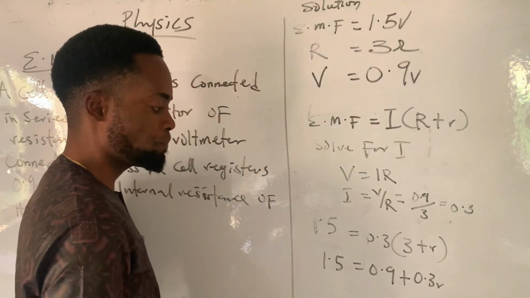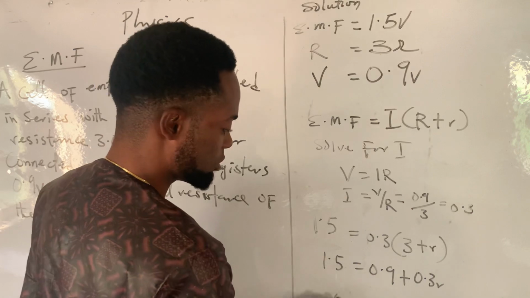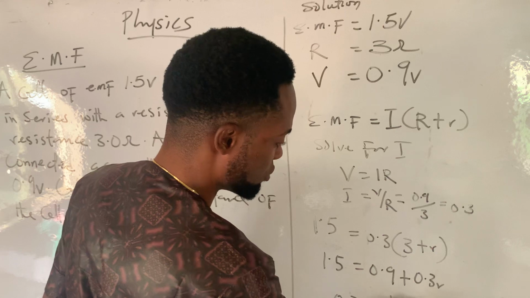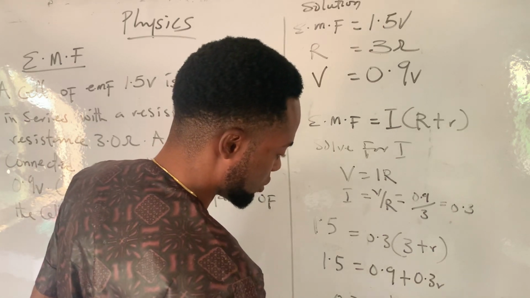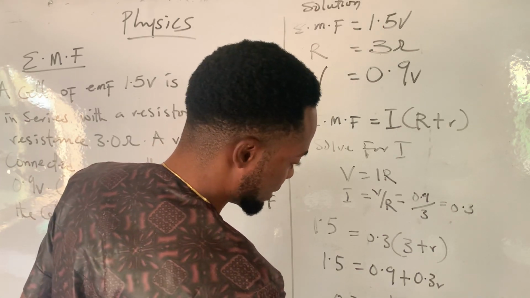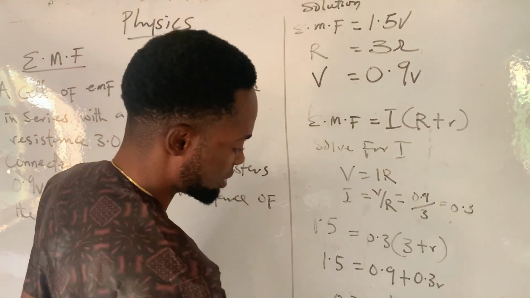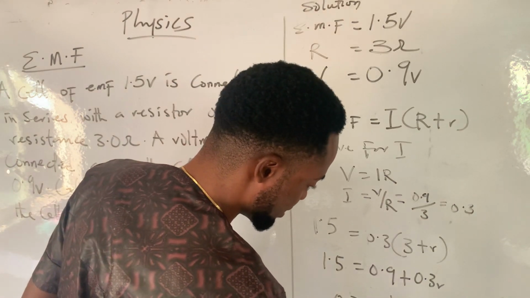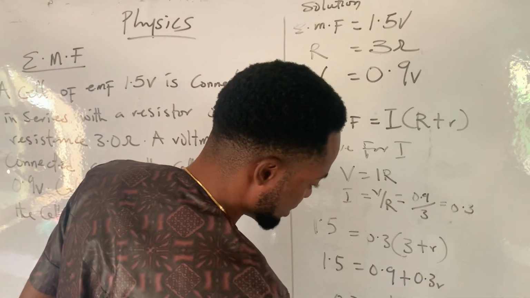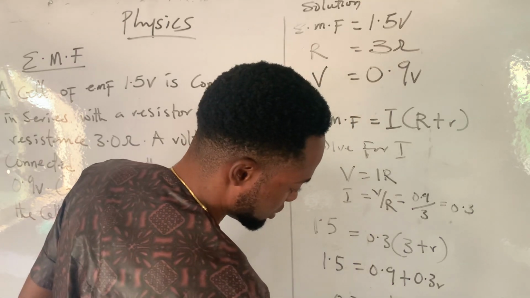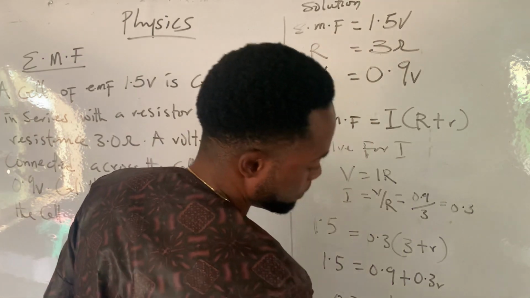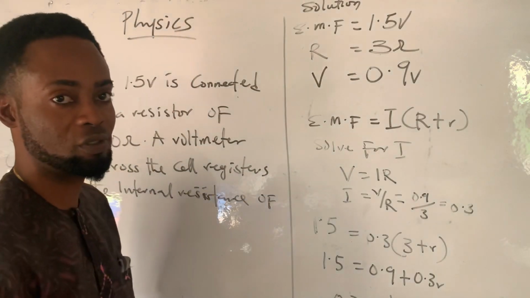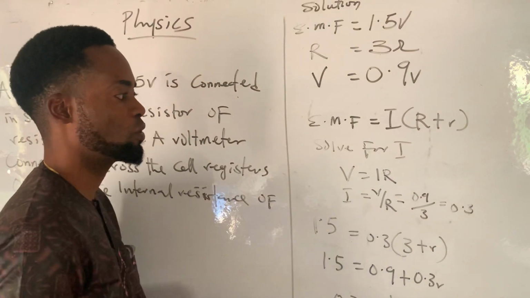So we have 0.3 small r equals 1.5 minus 0.9. This should give us 0.6. So 0.3 r equals 0.6, so r will be equals to 0.6 over 0.3, and this cancels to give 2. So you have 2 ohms. So that settles this.